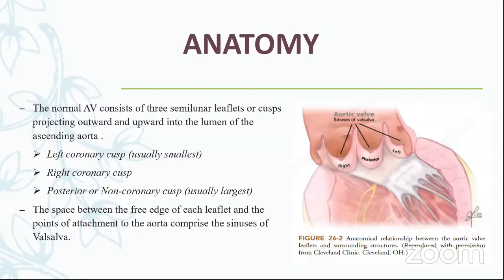Now, if you think of that area of the nadir, or what we call the basal ring or the annulus, and the sinotubular junction, it's also important to understand there is a normal correlation of these sizes. This also contributes to the function of the aortic valve, okay?